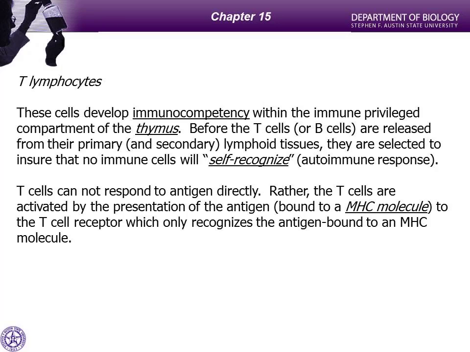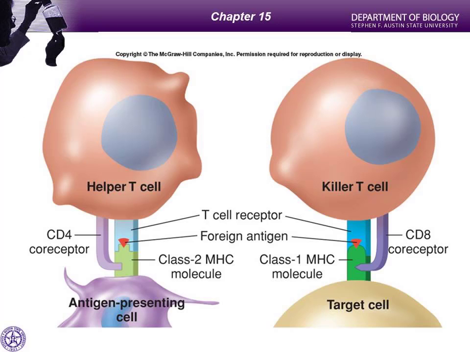It keeps them distinct. And so we introduce those receptors in this illustration. Our helper Ts are able to recognize Class 2 MHCs because of their CD4 receptor. So helper T cells are said to be CD4 positive T cells. Whereas our cytotoxics, or loosely termed killer T cells, recognize the Class 1 MHC with their CD8 receptor. So these are the combinations that we have for our cell-mediated immunity and its activation.